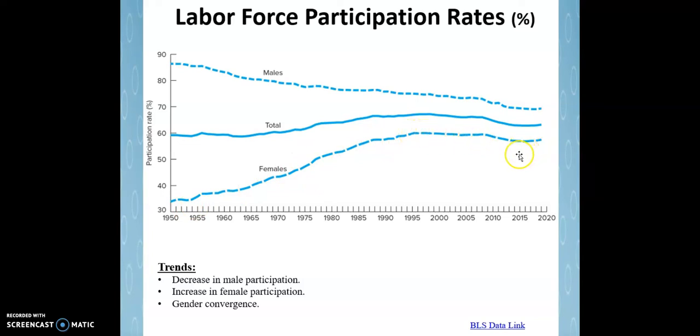But generally speaking, we can say men are participating less, women are participating more, and therefore the increase in the total up to this point here has been a result of women entering the labor force. Okay? And this is something that is continuing even to this day. It's called gender convergence. Men still have higher participation than women, but the gap is getting smaller.